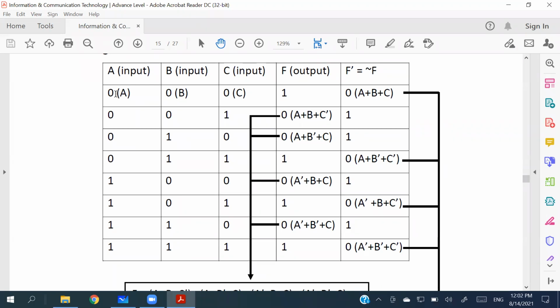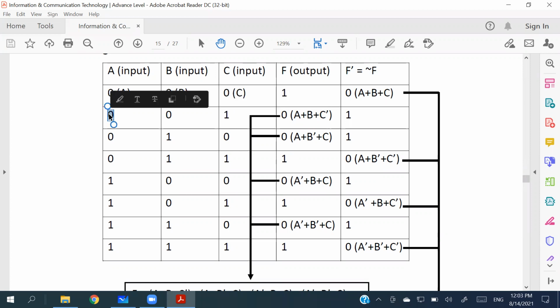So as I told you before, to write the POS, we consider the zeros of the output column. So once I consider this 0, it has a combination of 0, 0, 1. So 0 indicates A and 1 indicates A bar accordingly.